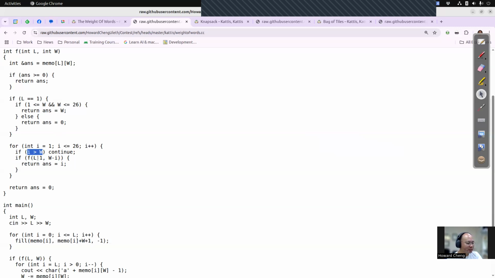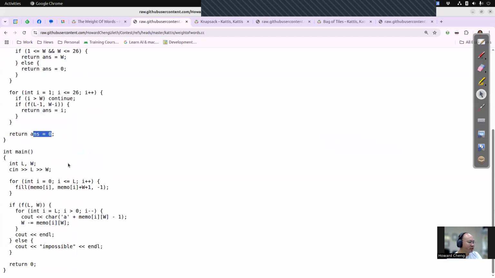So if my weight is, say, 15, I'm not going to try 20 because this will be negative. So here I skip things if the letter I try is too big. And of course, if I try everything and I haven't returned because I haven't found anything that works, I also say it's not going to work.